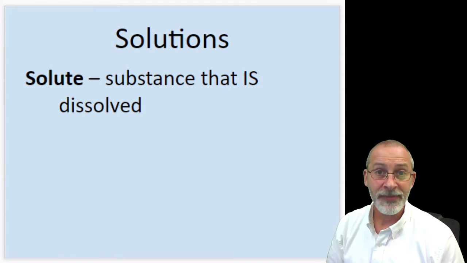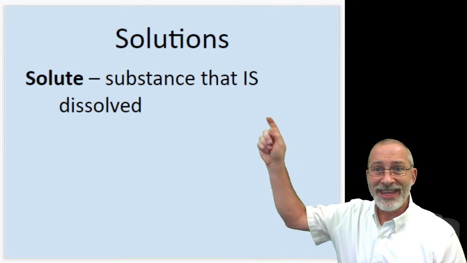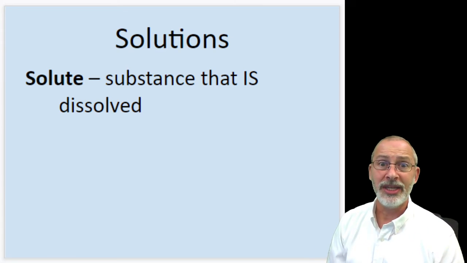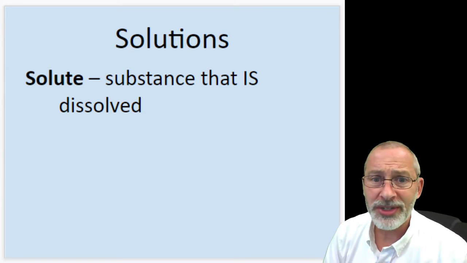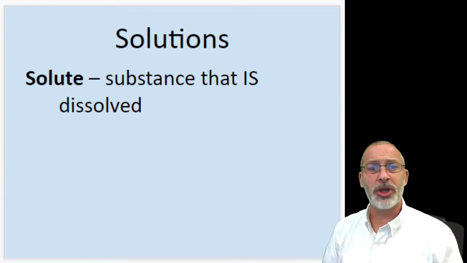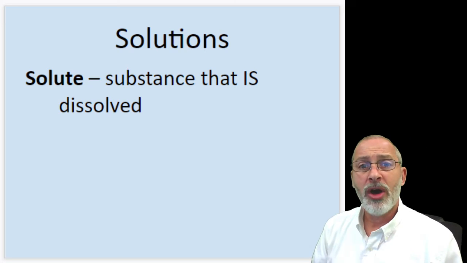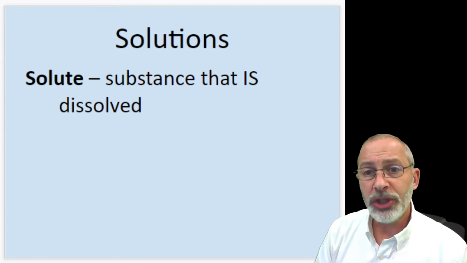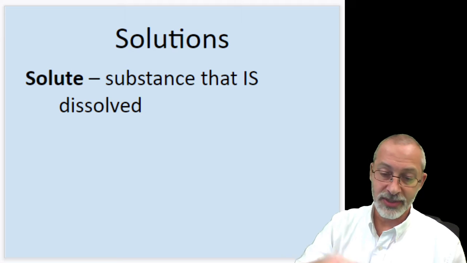And notice I have capitalized the letters in the word is, and I've done that for a reason, as you will see when we get through the other terms. So we're going to define these terms first, and then I'm going to try and give you some illustrations of these terms to hopefully make more sense to you. So a solute is the substance that is dissolved.